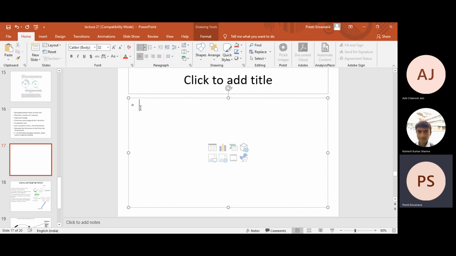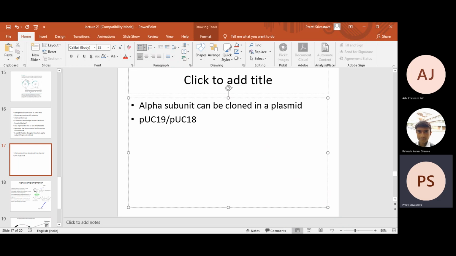So the idea that he proposed is that this alpha subunit can be cloned in a plasmid, and this plasmid was actually PUC19. There are a few other plasmids as well in which the alpha subunit is cloned.